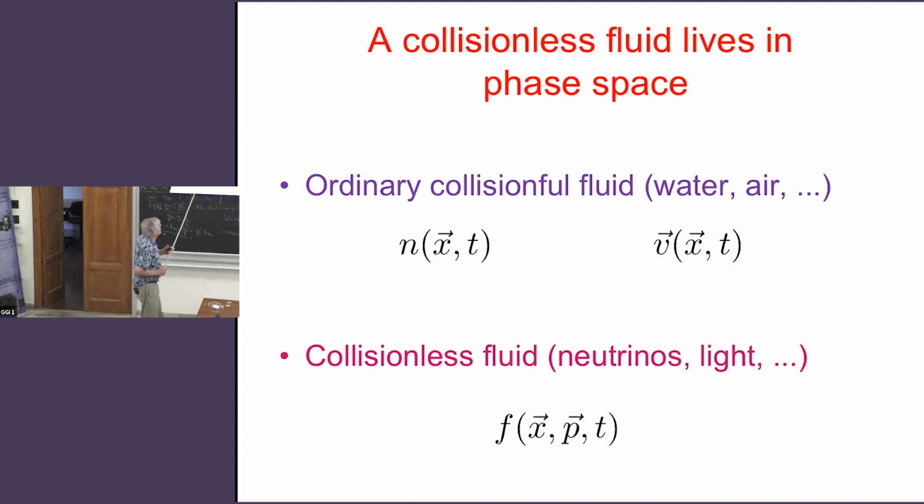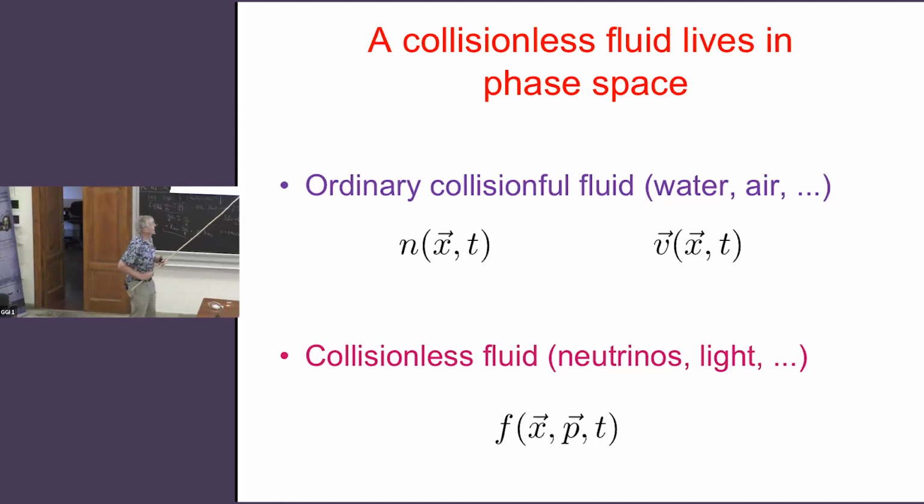The fluids that we are used to, like water and air, are collisional, and you correctly describe them in physical space in terms of a density and a velocity. The reason, in the case of air, is that a molecule of air only travels a very short distance before it meets other molecules of air. Therefore, this small volume of air has to flow together. It cannot flow through the other air. So everything has to flow together, and there's a velocity field everywhere.